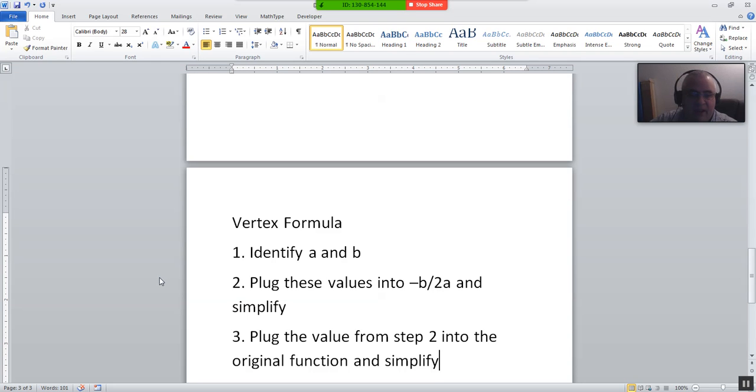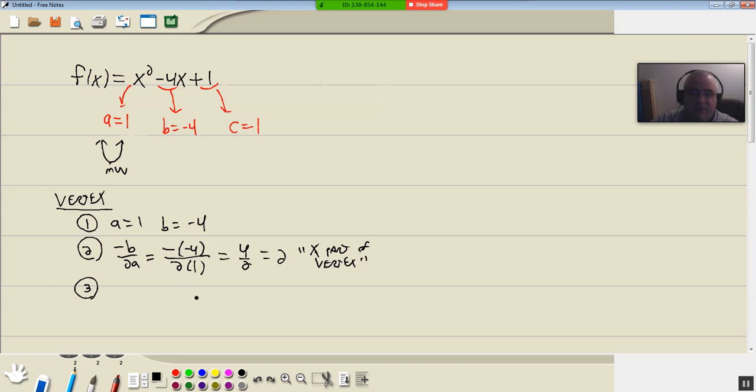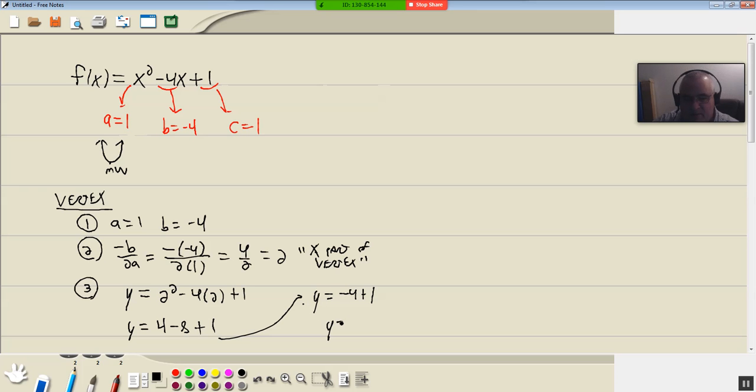Step 3, plug the value from step 2 into the original function, simplify. So we're going to take this 2, plug it back in our original function, remembering f of x is equal to y. So we got y is equal to 2 squared minus 4 times 2 plus 1. 2 squared is 4 minus 4 times 2 is 8 plus 1. 4 minus 8 is negative 4 plus 1, which gives us y is equal to negative 3.